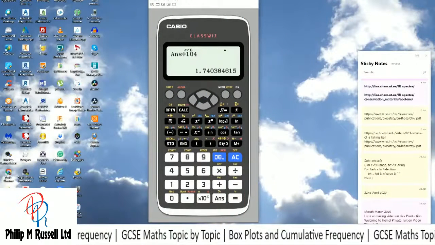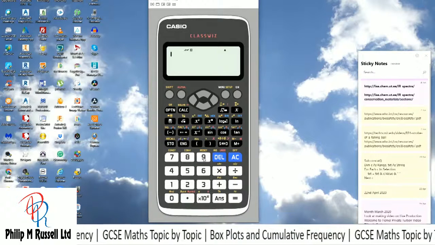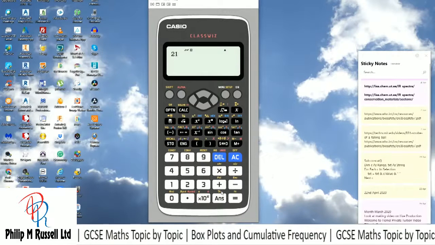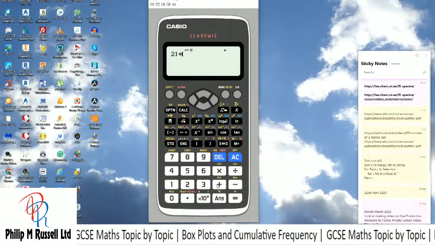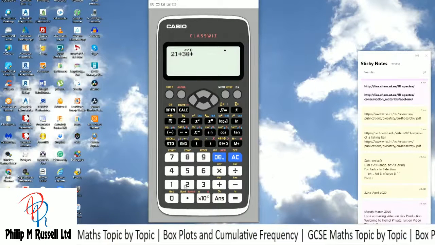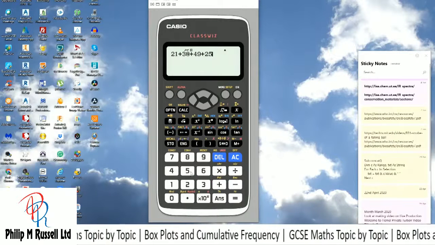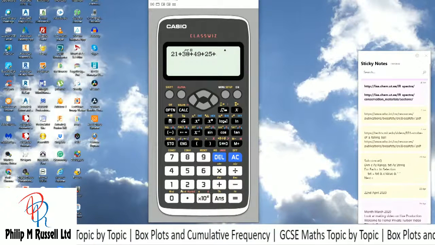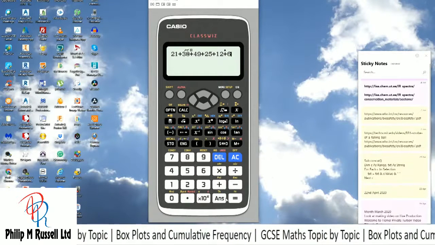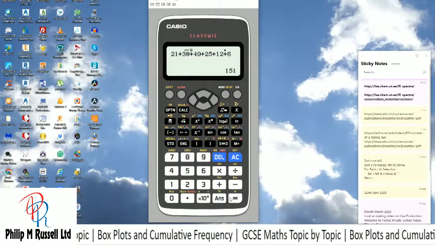So work out my number of people in my hotel, it's going to be simply 21 plus 38 plus 49 plus 25 plus 12, finally plus 6, and that gives me a total here of 151 people.